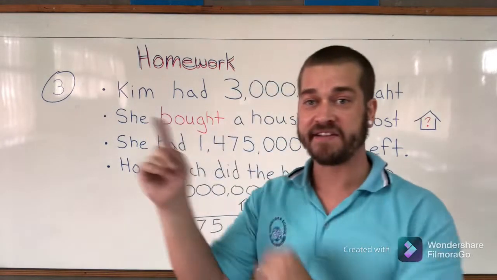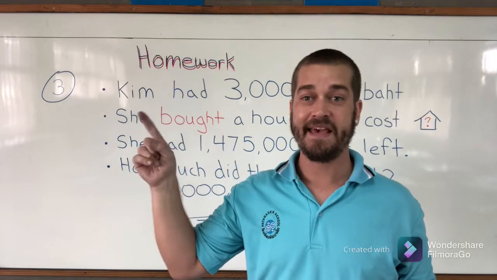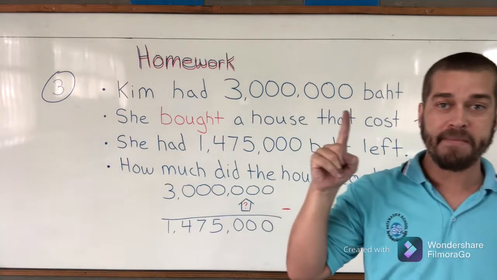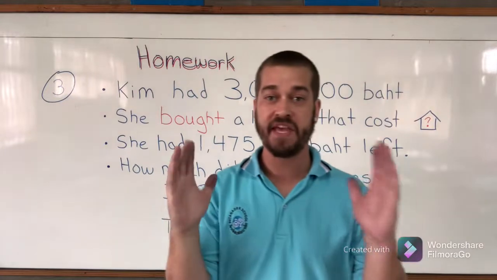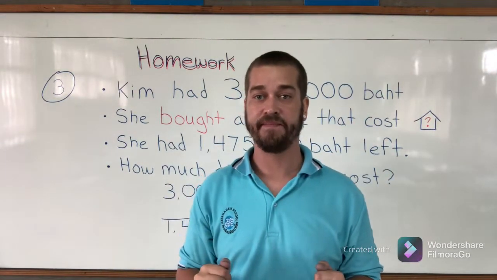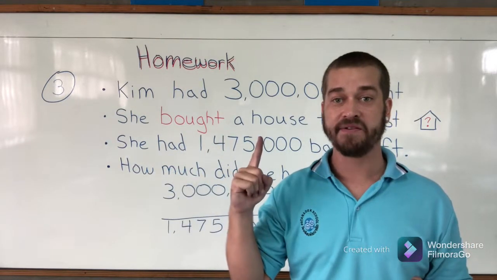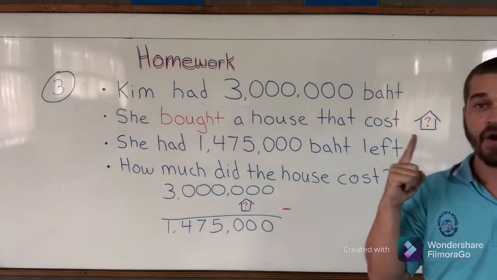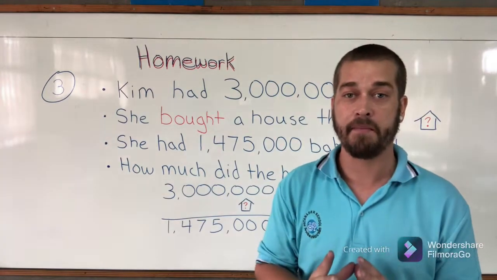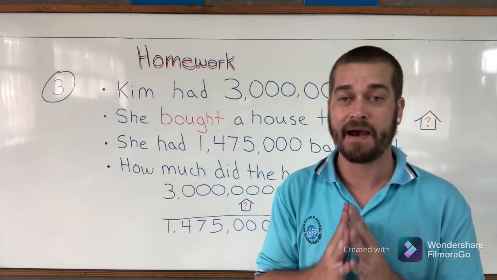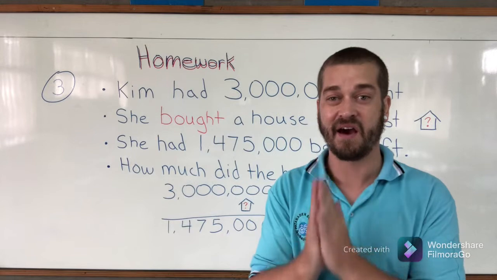So let's look at fact number 1. Fact: Kim had 3 million baht. So Kim started with 3 million baht. Then she bought a house for an unknown amount. This is the unknown number. Basically, we are going to figure out how much the house cost.